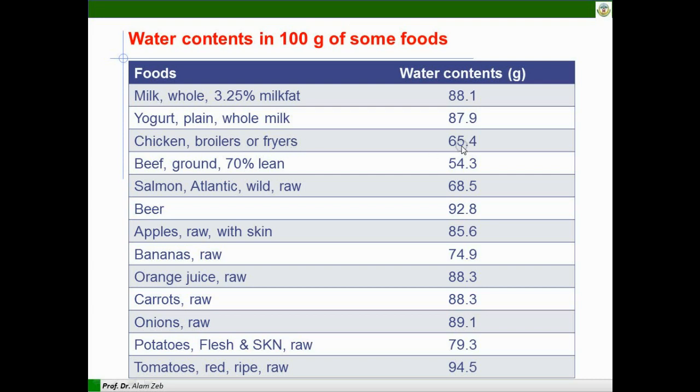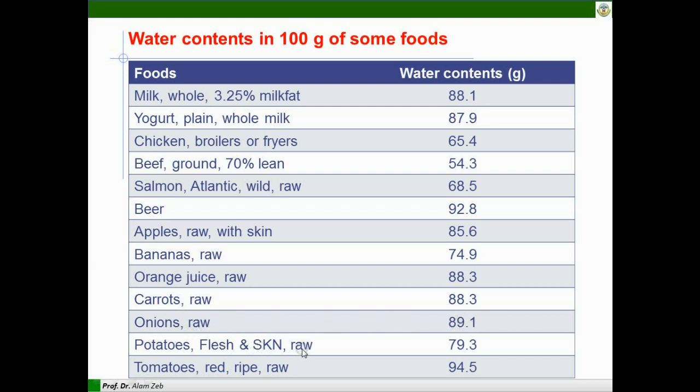87.9, chicken broiler or fryer 65.4, beef ground 70% lean contains 54.3, salmon 68.5 gram, beer 92.8 gram, apple raw with skin contains 85.6%, banana in the raw form contains 74.9%, orange juice raw contains 88.3 gram, carrot in the raw form contains 88.3, while onion in the raw form contains 89.1 gram per 100 grams.